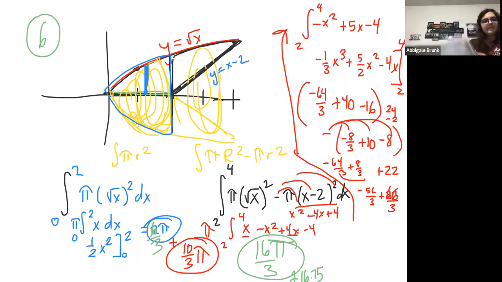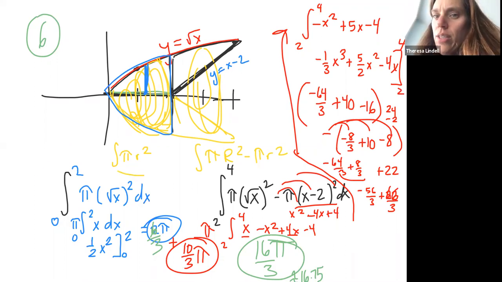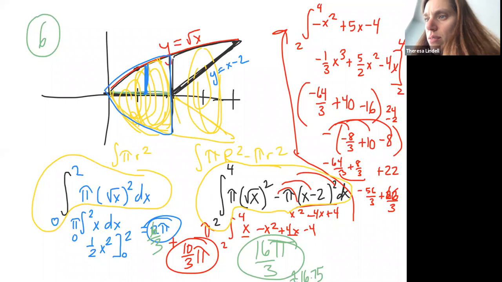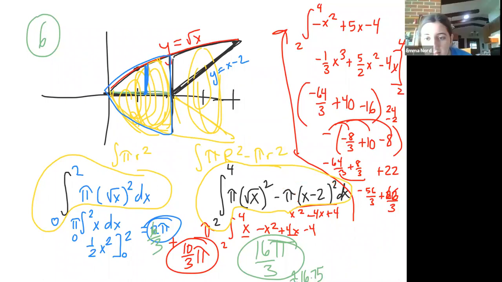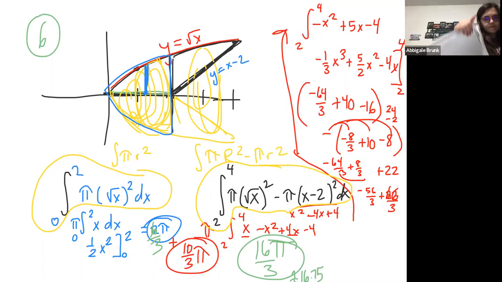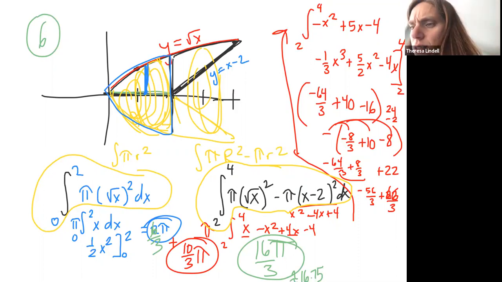The setup is what I'm about to circle in yellow. So the setup is this for the first part and this for the second part. Yeah, that's what I had. Okay, so it must have just been a math error somewhere then. Well, actually, you've just doubled something because it should be 5 1/3 pi.